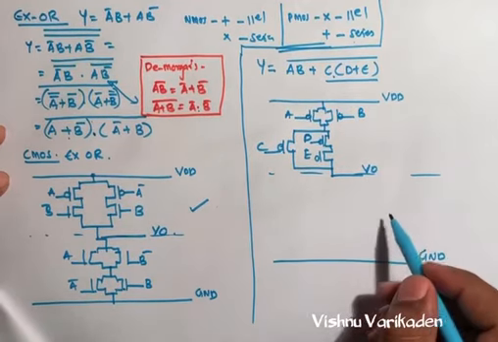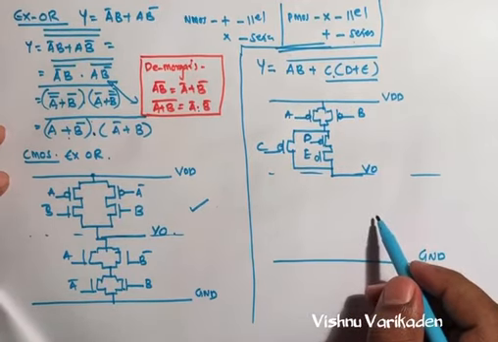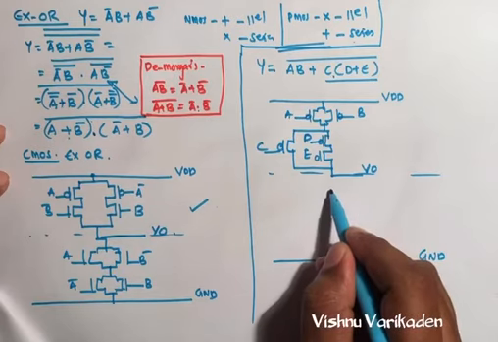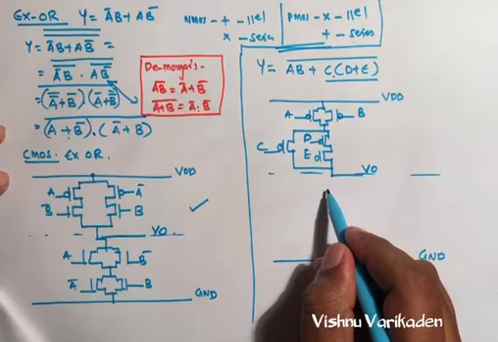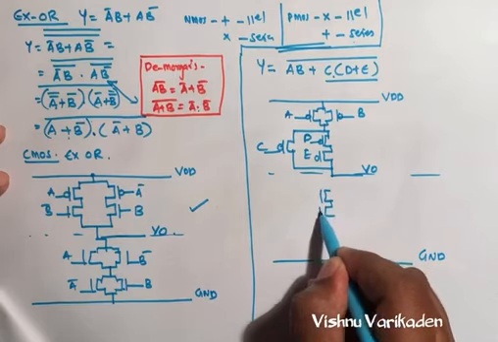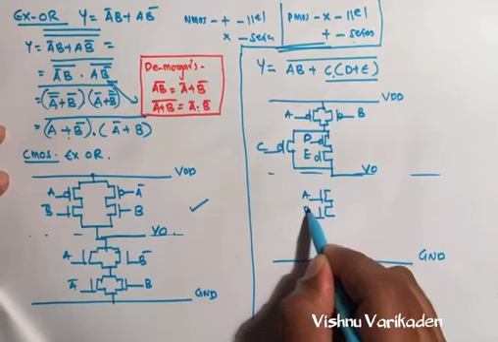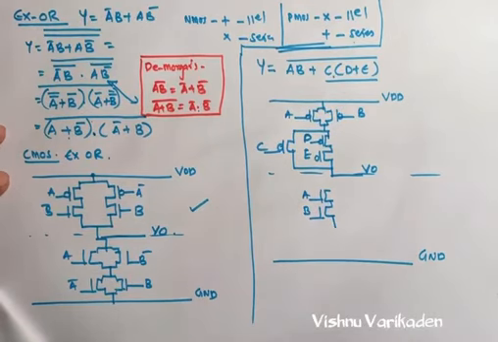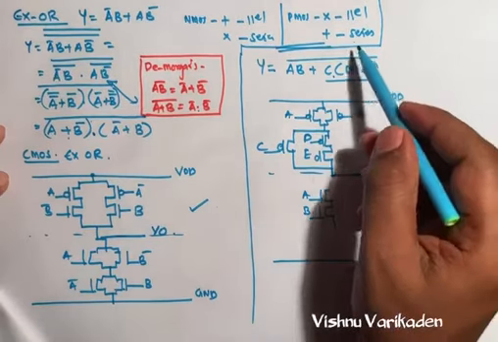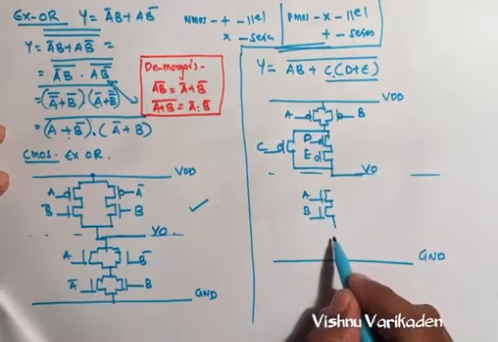So we can move to the NMOS part. Just opposite, AB is here. Multiplication is here, so AB is series. So this is A, this is B. Now we can write D plus E. Again D plus E is here, so D plus E has happened.